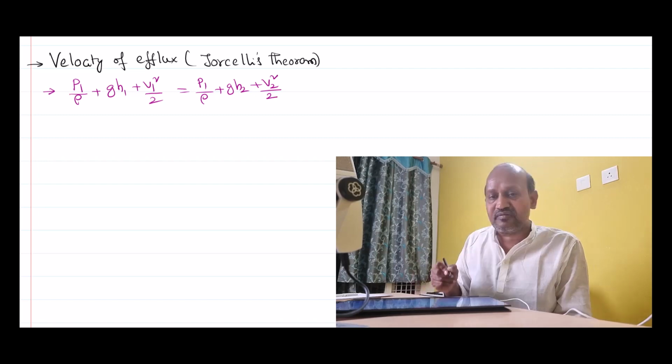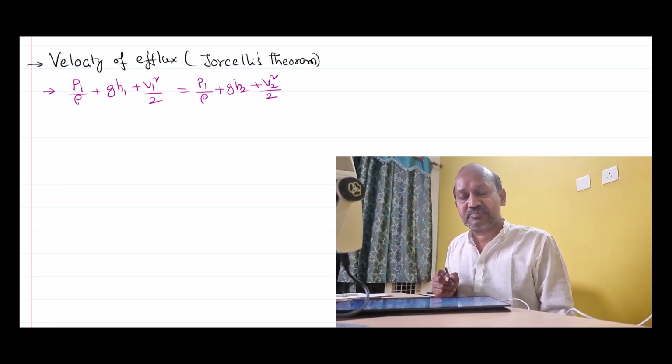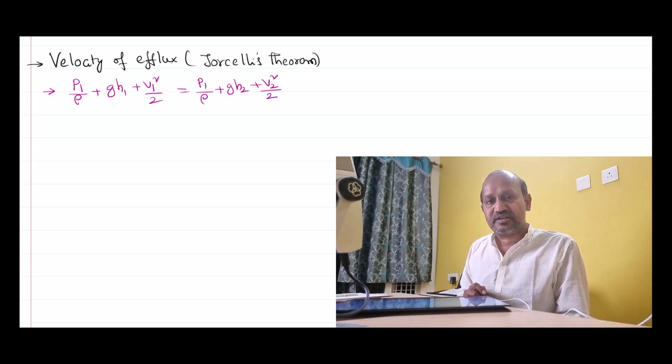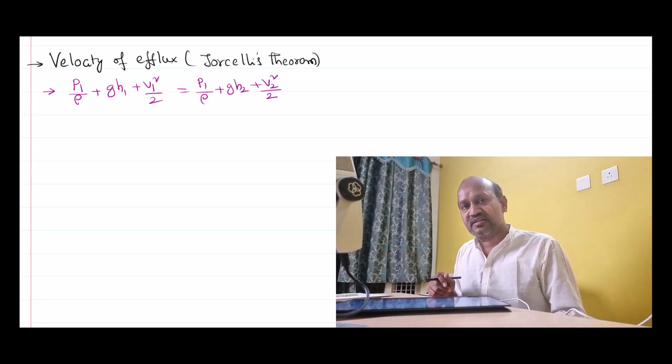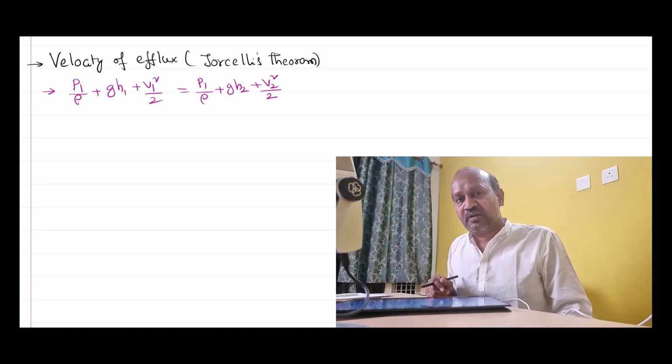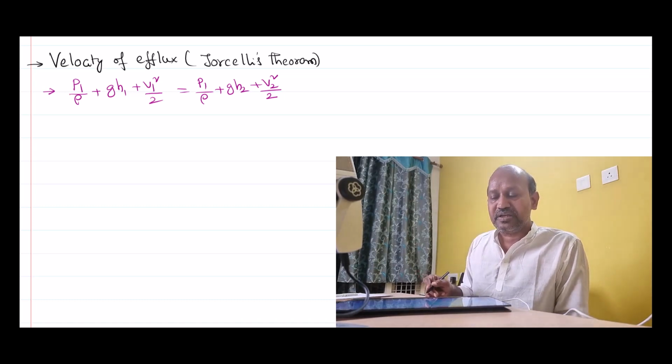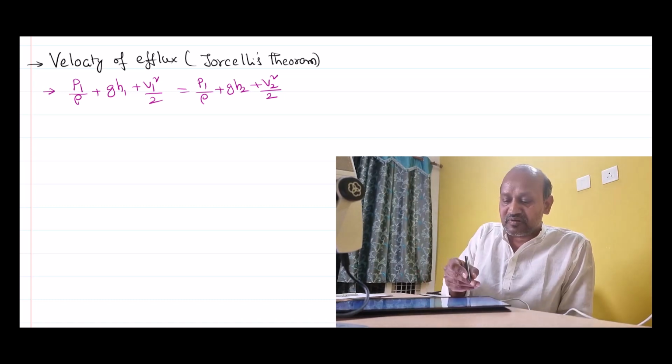Their sum is always constant for a given mass, per unit mass. The sum of potential energy, pressure energy and kinetic energy per unit mass is constant for an incompressible, non-viscous, streamlined fluid flow. Taking that into consideration, let me tell you what we mean by velocity of efflux.